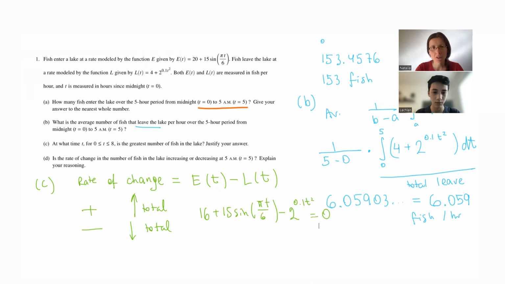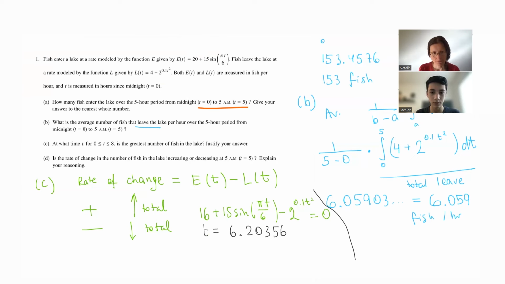And we use the function on the calculator for solving equations. And we get the value of t equals 6.20356 just by entering it on the calculator. At that hour, our rate of change is 0.